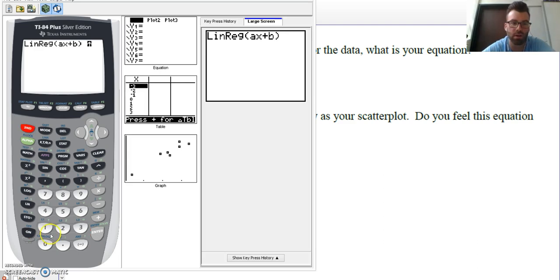So the first one I'm going to do, I want L1, which is my fat content, to be my X value. So I'll hit second 1 for L1, comma, second 2 for L2, comma, and I want my calculator to actually physically graph this line, or graph this equation for me.